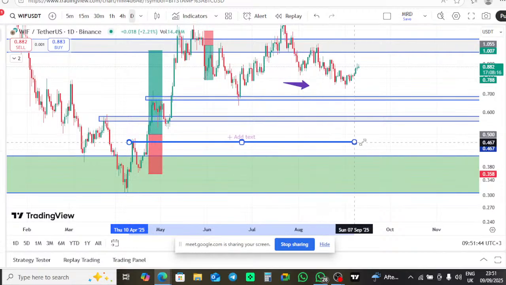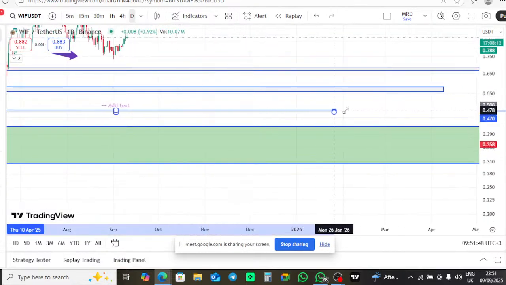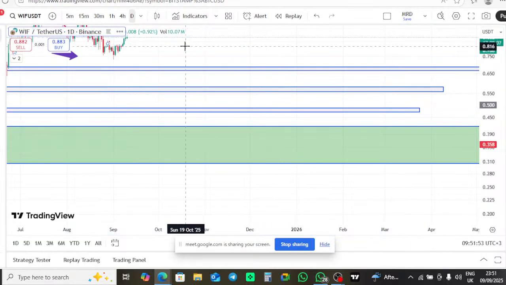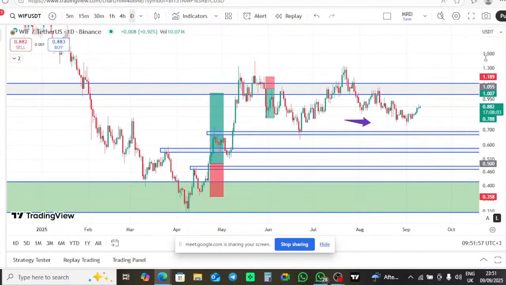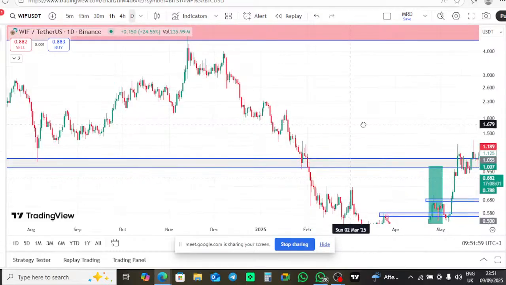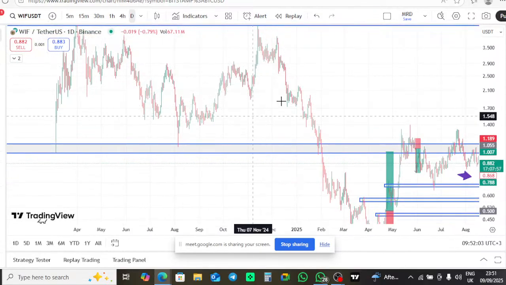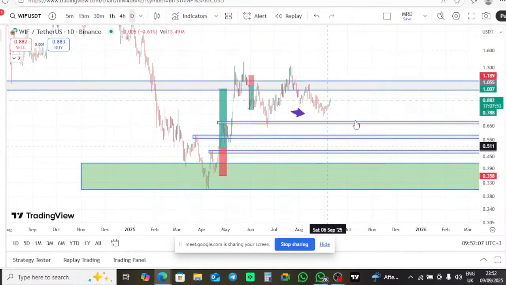Let this one remain as well. Okay, now that is for one day. We don't need to go back this way. It is no longer necessary. We are here. Our focus is here.